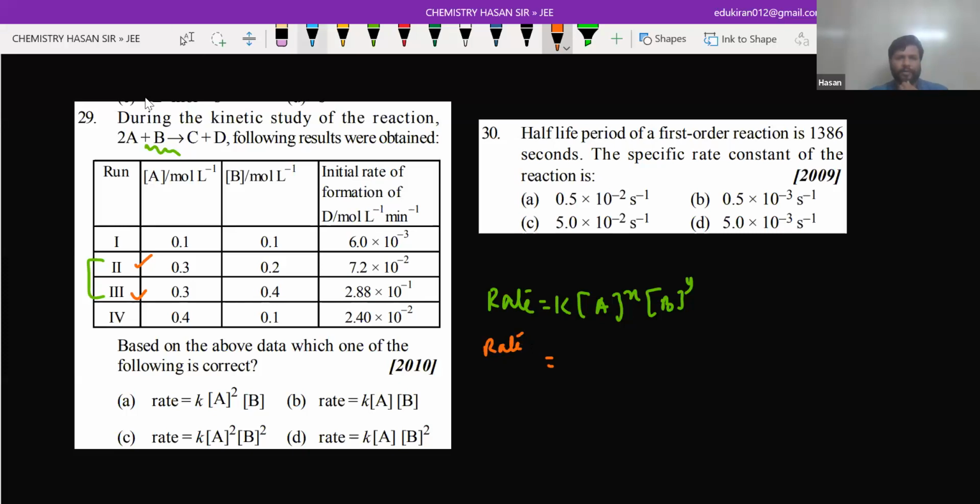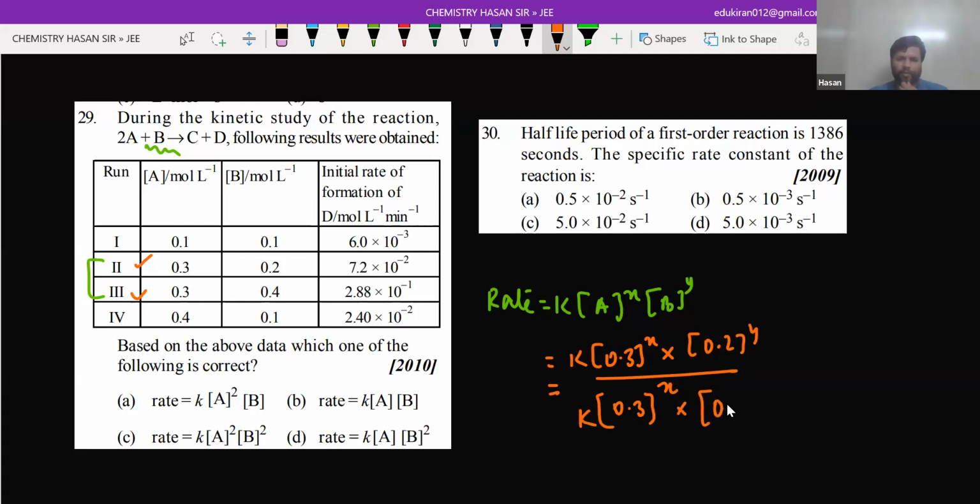Rate is given, so you just need to put the value of A. A is 0.3 raised to the power X, K is there, and B is 0.2 raised to the power Y, upon the third equation, which is 0.3 raised to the power X, K is there, and here it will be 0.4 raised to the power Y.